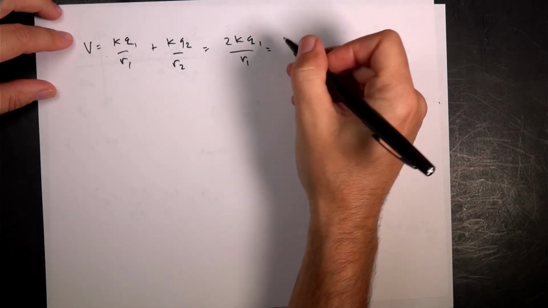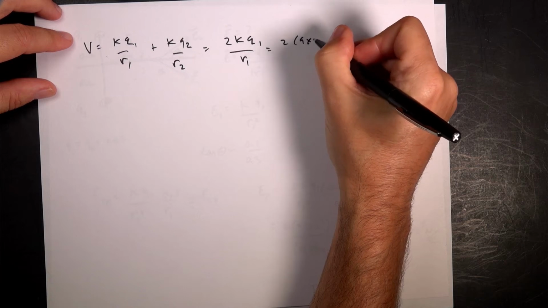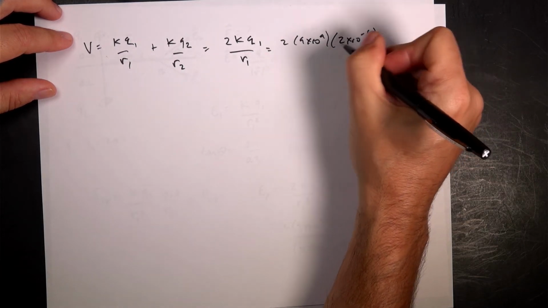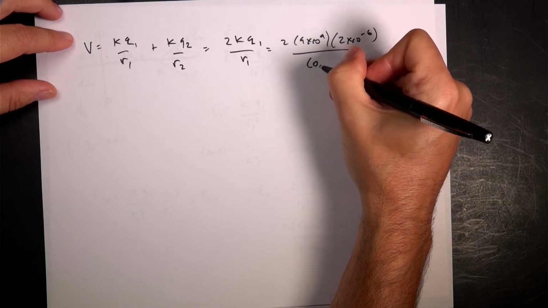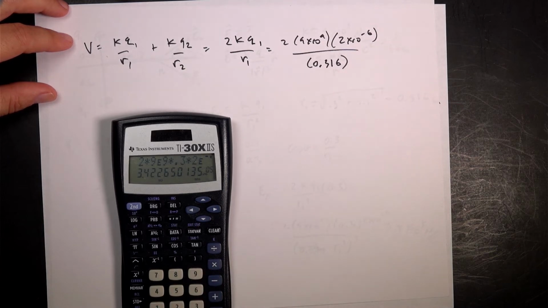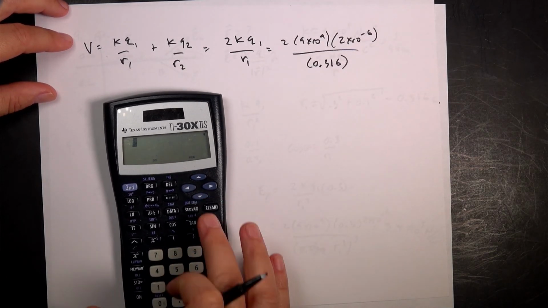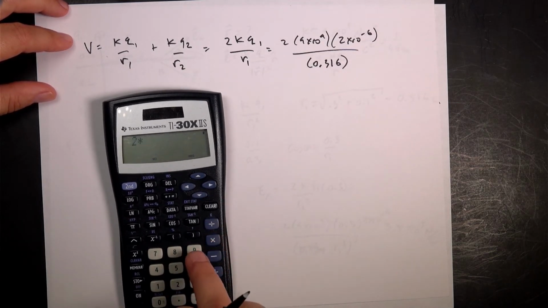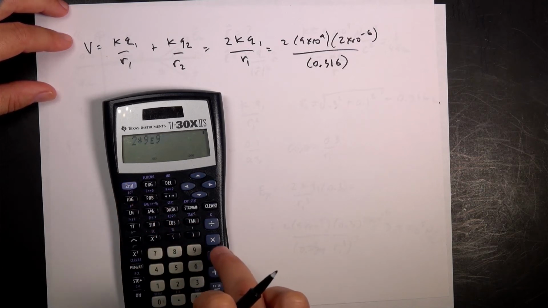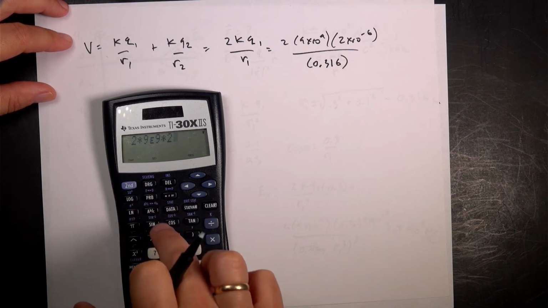So let's just put that in. 2 times 9 times 10 to the 9th times 2 times 10 to the negative 6, all over 0.316, which I already calculated. So if I put that in, I get, clear, 2 times 9 times 10 to the 9th times 2 times 10 to the negative 6 divided by 0.316, enter. You got to hit it really hard.